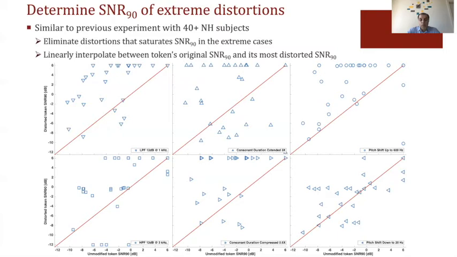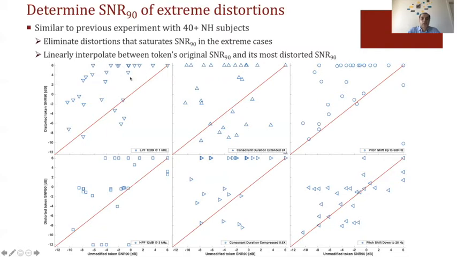To be able to assess that, we look at the most distorted cases, took those sounds, and ran another experiment for those extremely distorted sounds to see how the SNR90 is changed. Based on these plots, you can see that for some of the sounds, for some of the distortions, for example, here in the low pass filter in the upper left, some of the sounds are saturated.